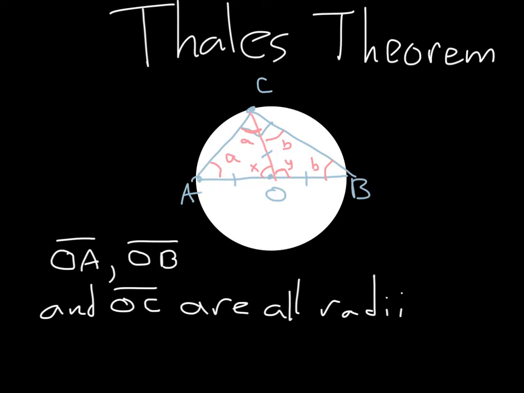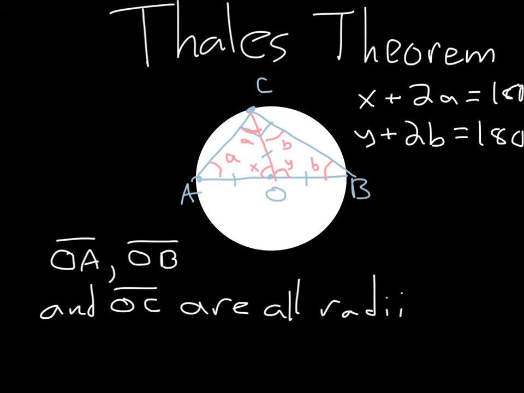So the measure of angle X plus angle A plus angle A, so that's 2A, has to be 180. On the other side, in the right small triangle, the sum of those measures has to be 180. So Y plus 2B equals 180.